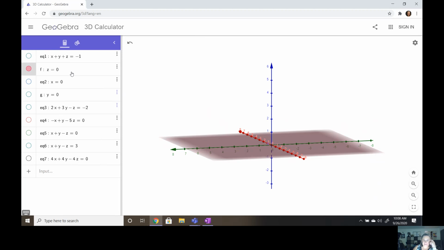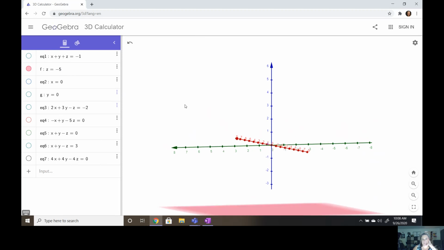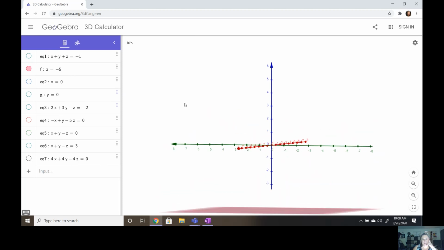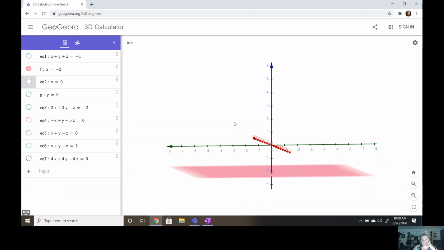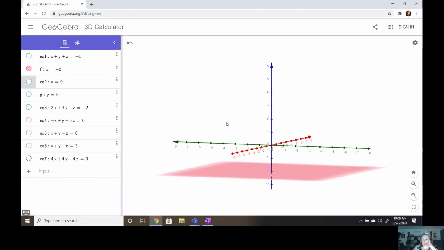But if I change that to be z equals -5, then that goes down. Well, -5 isn't even on this graph, so let's move it up a bit. -2. Okay, so it goes through at z equals -2. It is parallel to the x, y plane.